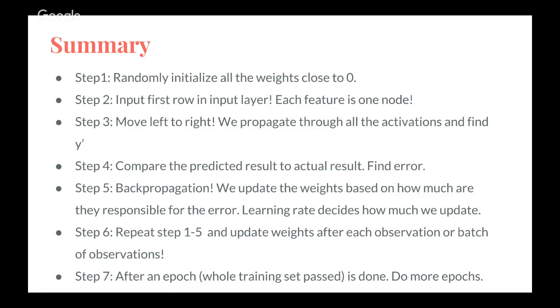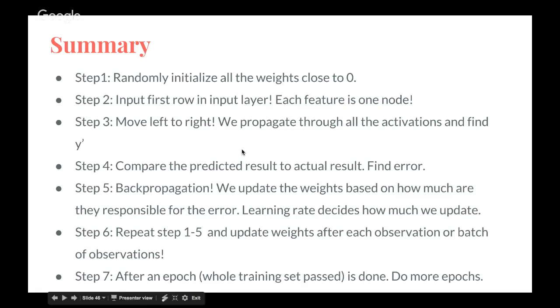We find the error. Now what we do, we backpropagate. We update the weights based on how much they're responsible for the error, right? And there's something called learning rate, but ignore that for now. So we update all those weights based on the error we got, okay? And we just keep repeating the steps 1 to 5, right?